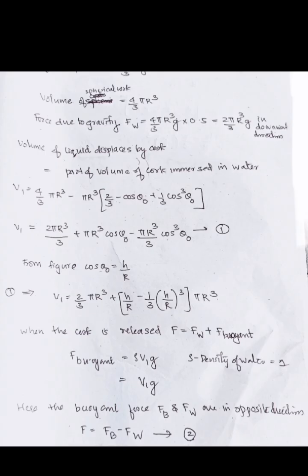So the buoyancy force Fb is equal to rho V1 g, where rho is the density of water, which is taken as 1. That is, Fb is equal to V1 g. Here the buoyancy force Fb and Fw are acting in opposite directions. That is, F net is equal to Fb minus Fw. This is equation number 2.